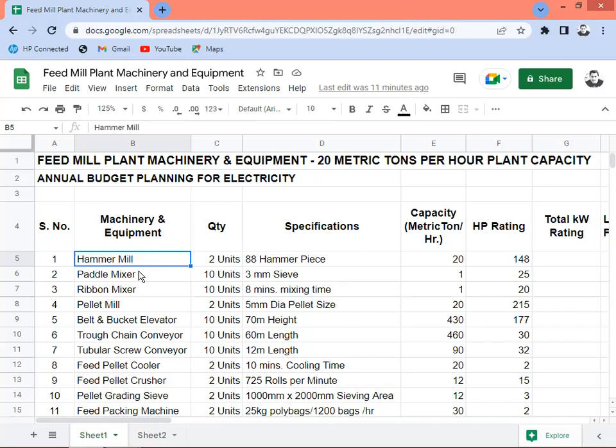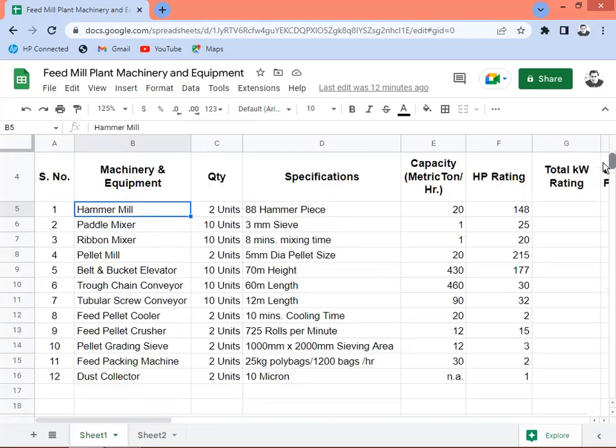We're having some equipment like hammer mill, paddle mixer, ribbon mixer, pellet mill, belt and bucket elevator, through chain conveyor, tubular screw conveyor, feed pellet cooler, feed pellet crusher, pellet grading sieve, or screen, and what else? Feed packing machine, dust collector.